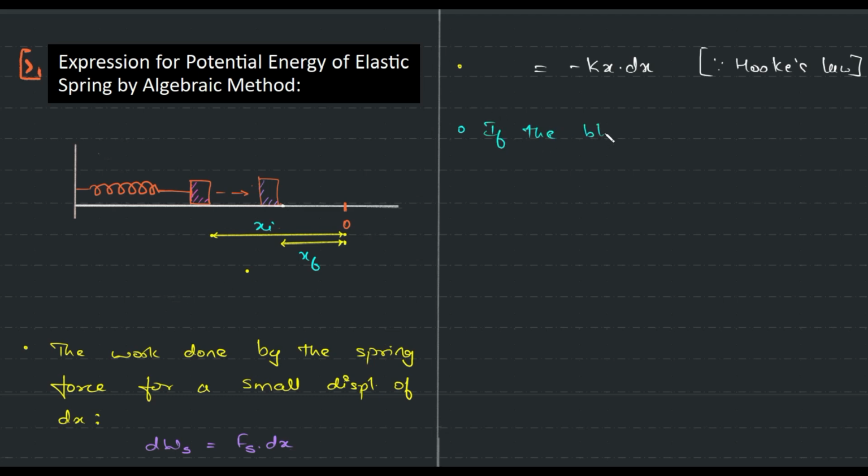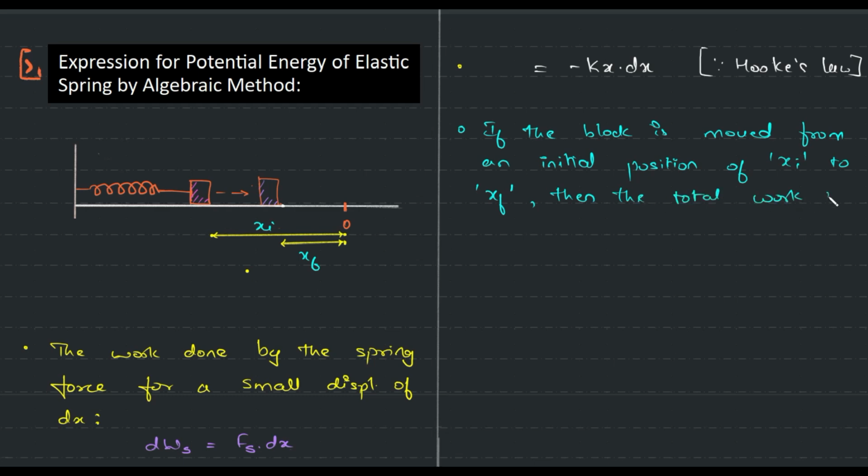If the block is moved from an initial position of xi to xf, then the total work done by the spring, how will we find it out?